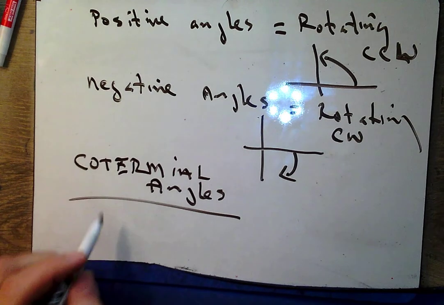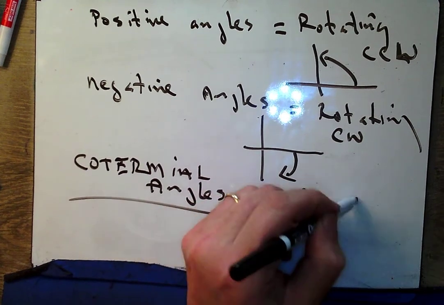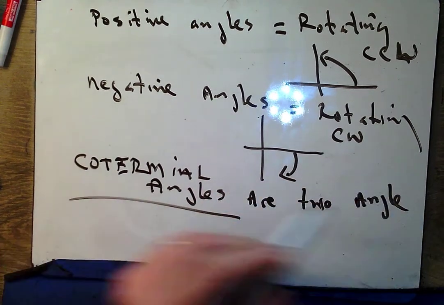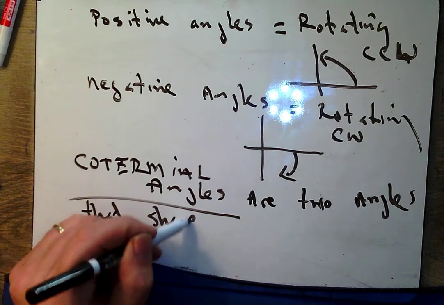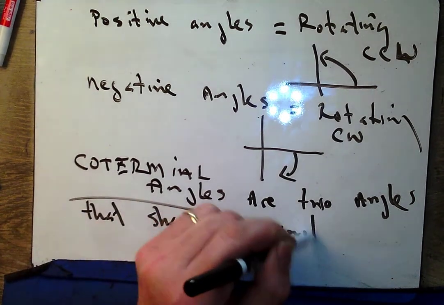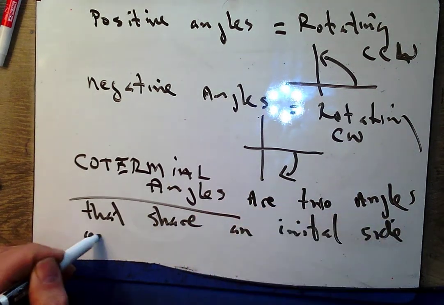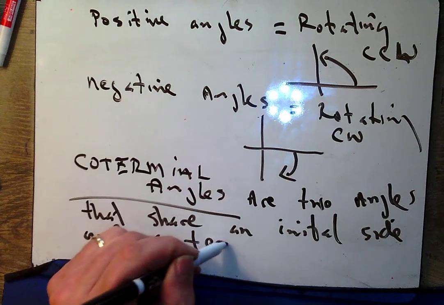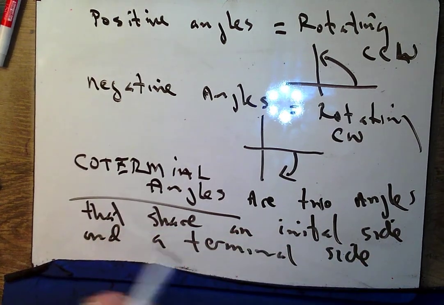So what are coterminal angles? Coterminal angles are two angles that share an initial side and a terminal side.